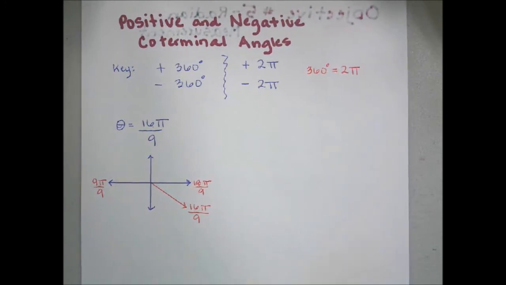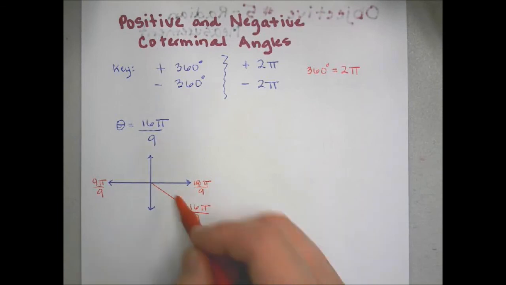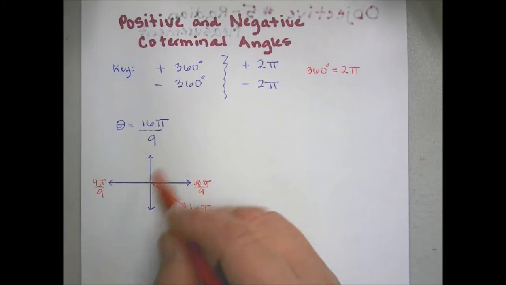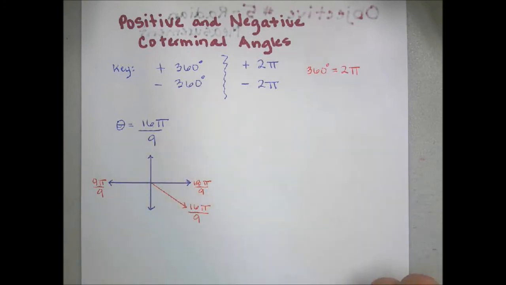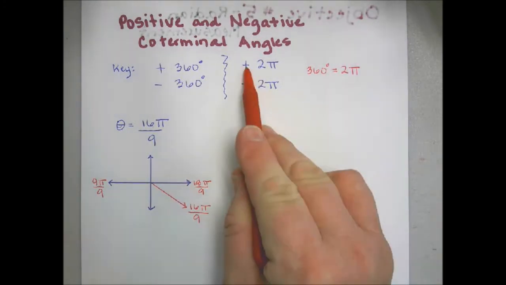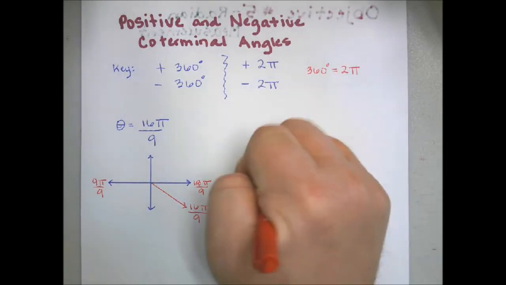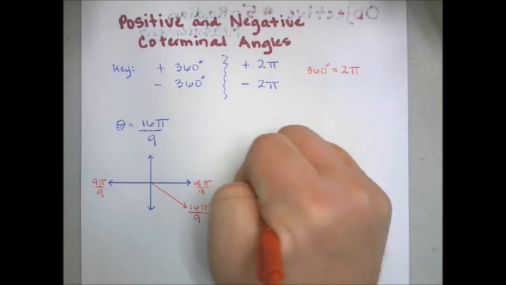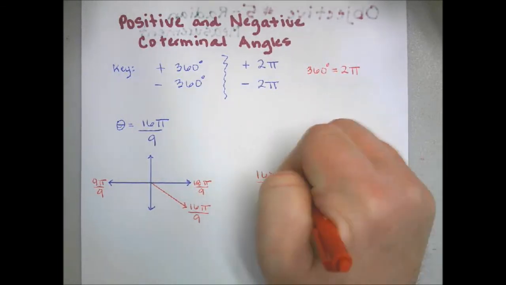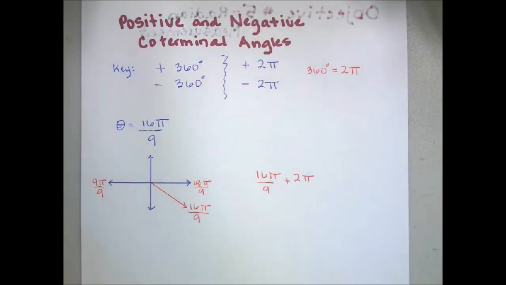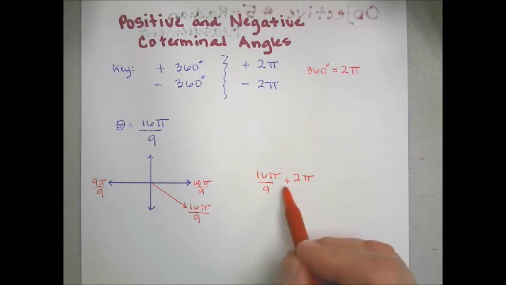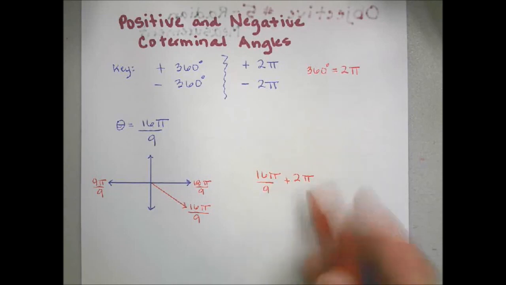Now, what would be a positive coterminal? So if I went 360 degrees around in the positive direction, that is the equivalent of adding 2 pi. So 16 pi over 9 plus 2 pi. But I can't do that because remember, when we're adding fractions, we need common denominators.